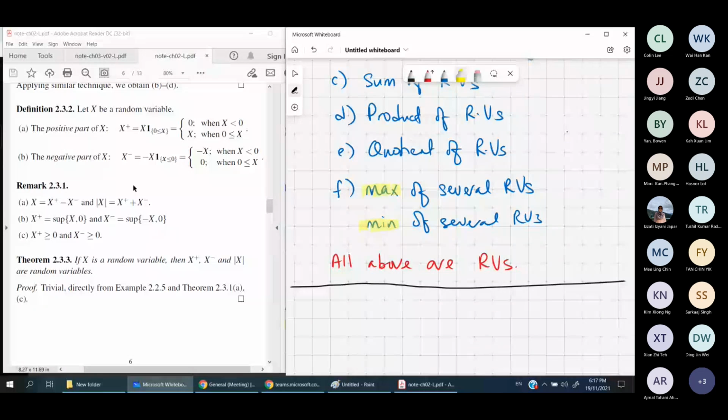Okay, according to the definitions, the positive part.